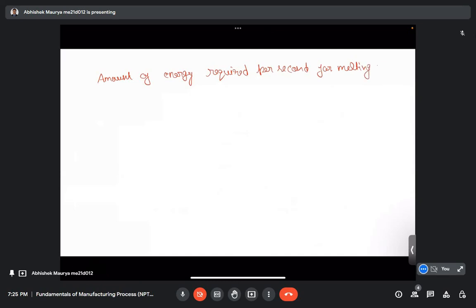Now we are equating the amount of energy required per second for melting with the amount of energy supplied, or the amount of energy reaching the workpiece for melting.